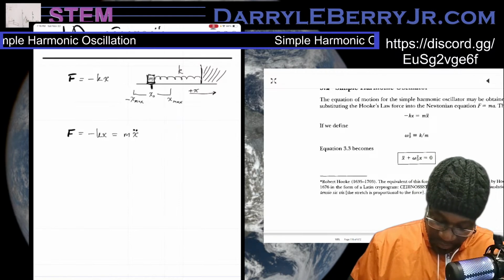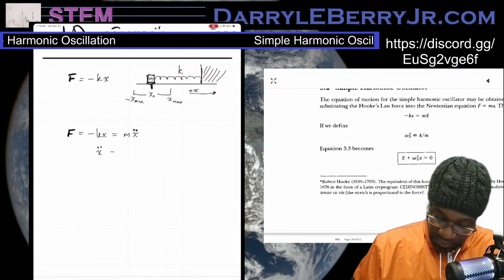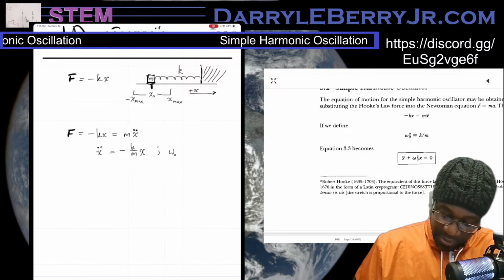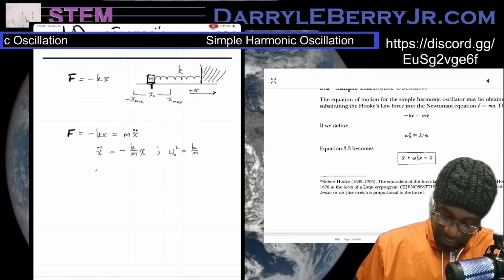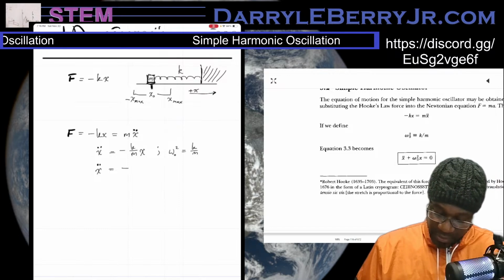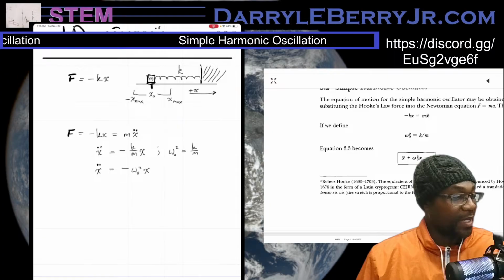So what we can say is that x double dot equals negative k over m x, and we can define omega naught squared as k over m. So this means that x double dot equals negative omega naught squared x.